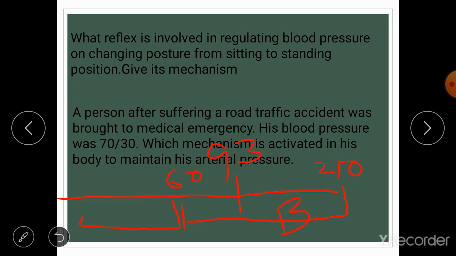And then we have the CNS ischemic response, which acts from 60 millimeter mercury to around 15 to 20 millimeter mercury. So whenever your blood pressure reduces from 93 to around 60 millimeter mercury, within this range your baroreceptors are going to be activated. When your mean arterial pressure falls below 60 millimeter mercury, your CNS ischemic response is going to be activated. So let's see which response is being activated in this case.